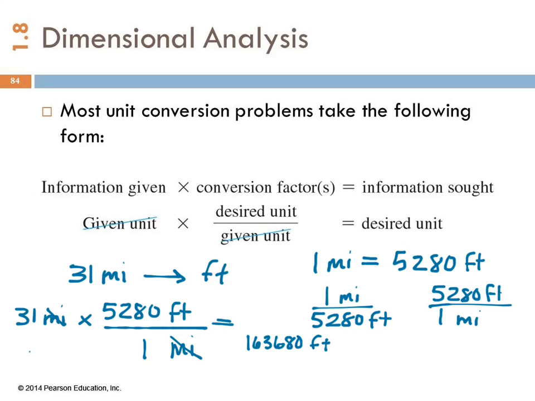No, because I'm kind of estimating this 31 miles. That's to the nearest mile, right? So there could be a wide variation in the number of feet. Sig figs: how many sig figs in 31 miles? 2. Just because it's a whole number doesn't mean it's exact. So 2 sig figs in 31. How about this guy? That's unlimited. That's an exact number.